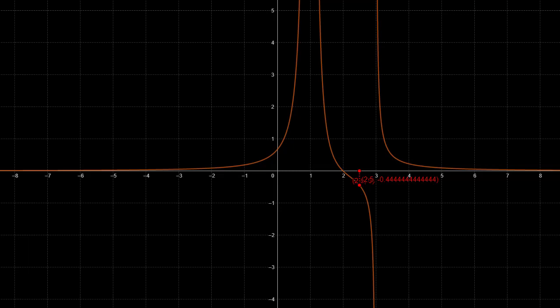And when we come at it from the left here, in the negative direction, it is jumping down to negative infinity. So from the right, positive, from the left, negative, the two-sided limit is going to be does not exist.